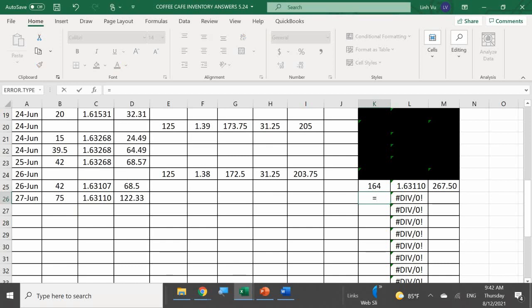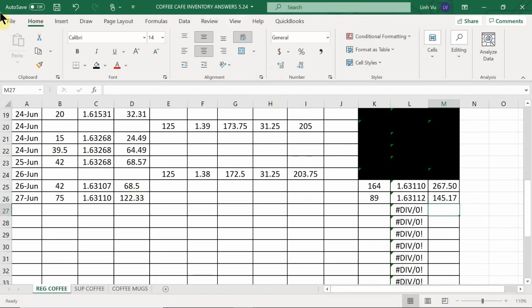And then we need to recalculate what we have on hand. So we'll take the 164 minus the 75 is 89 units. And then we take the 267.50 minus the 122.33, which gives us 145.17. And then that brings our new cost to $1.63112.